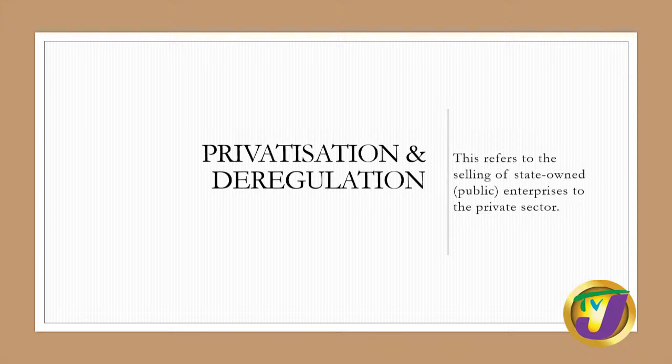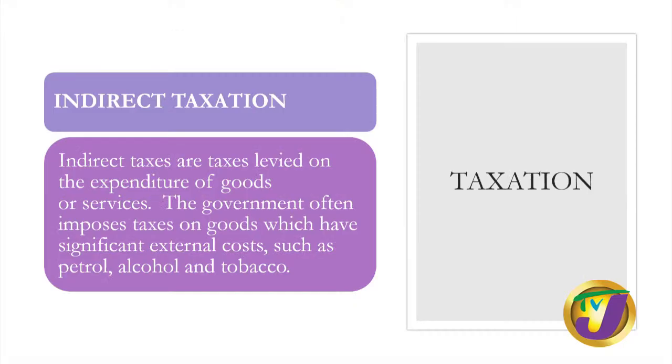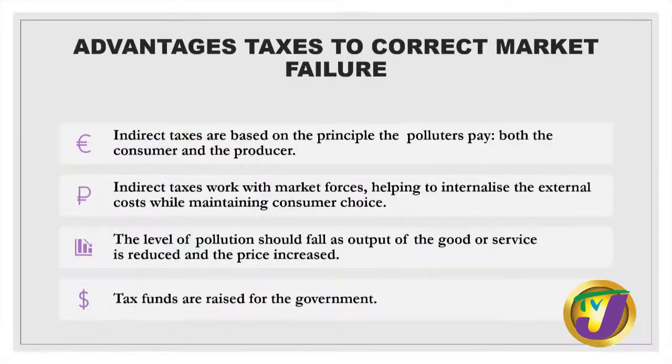They can consider selling them to a private individual or entity, and so that is privatization, and removing regulations can also help. There are indirect taxes which the government can use. So indirect taxes could be special taxes on alcohol and tobacco or cigarettes. So the goal of that is that people will consume less of those goods.